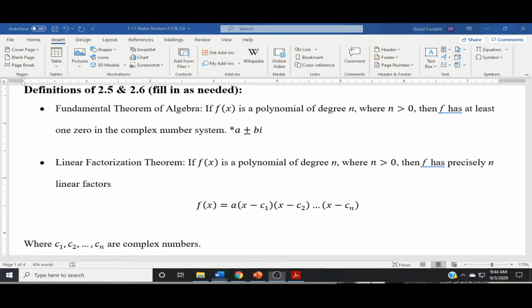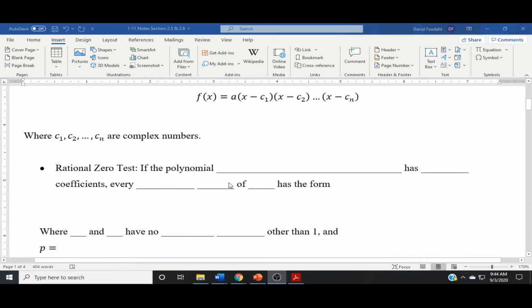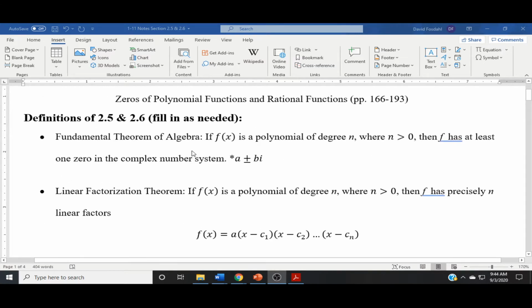Okay? So this is our first two definitions.